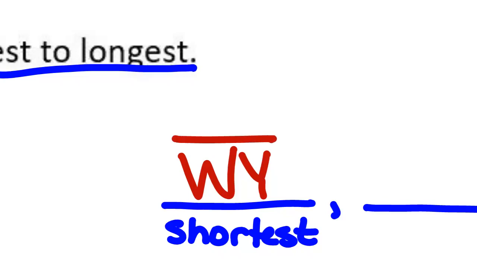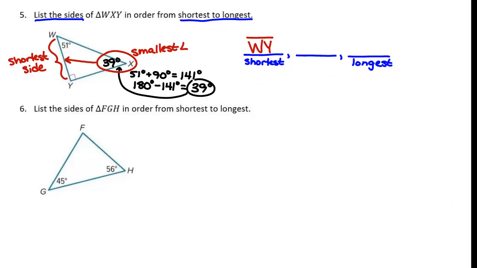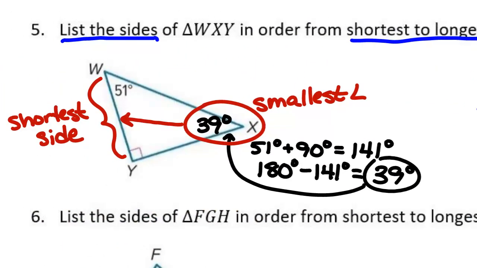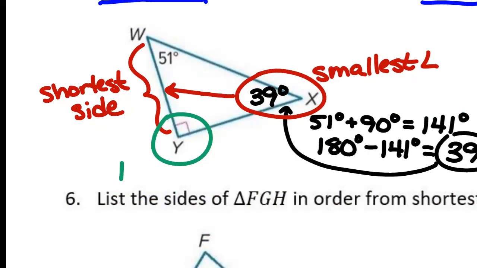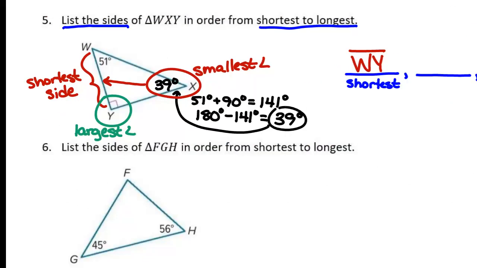The longest side is going to be opposite the largest angle. Which angle is the largest angle? Angle Y. And so if Y is the largest angle, what would the longest side have to be?